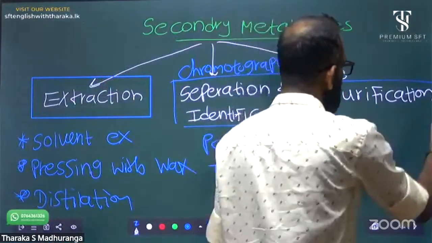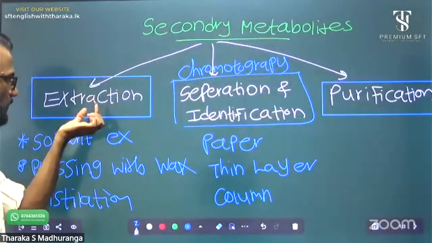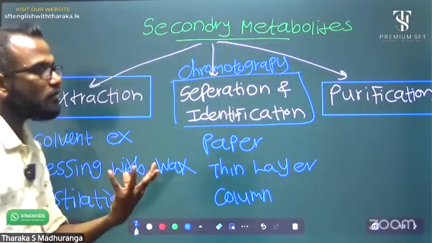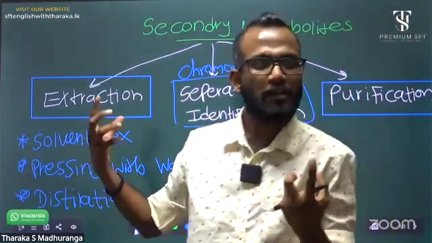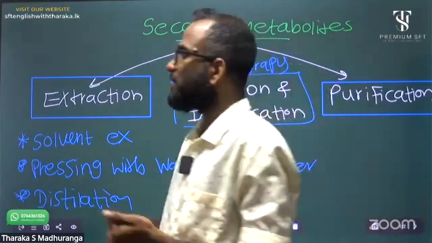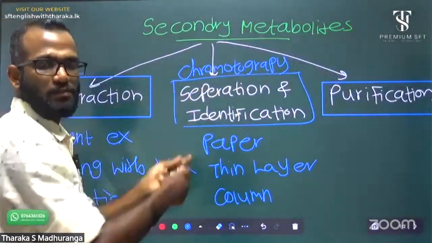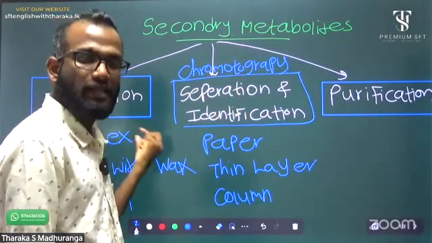Purification. Finally, after identification. The extraction product is a crude product. It is not a purified product. It contains a lot of impurities, right? After the identification process, we confirm that our required compound is contained in this crude product.